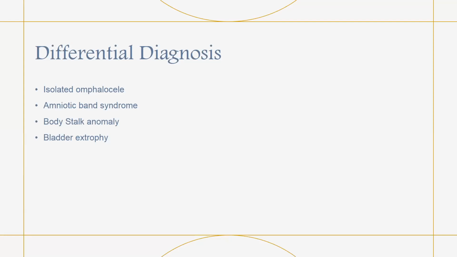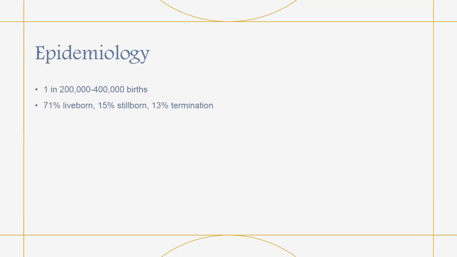Could also include an amniotic band, abdominoschisis that can cause multiple defects in a located area. Body stalk anomaly, which was not our case, is identified by a singleton that's stuck next to the edge of the uterus. Or potentially we're visualizing a bladder extrophy versus the omphalocele component.